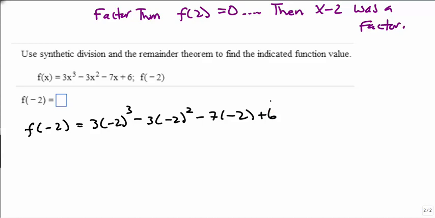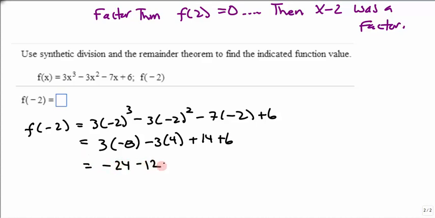So what we're doing is everywhere that we see an x, we're plugging in a -2. So -2 to the 3rd would be -8. Now over here in this next piece, we don't take -3 times -2. Order of operations says I need to square this first, so -2 times -2 would be a +4. -7 times -2 is a +14 plus 6. And you keep simplifying.